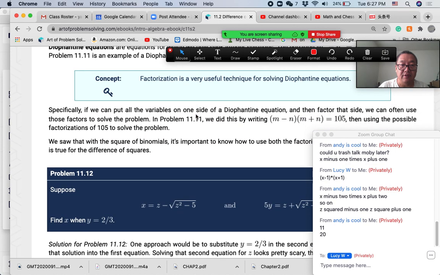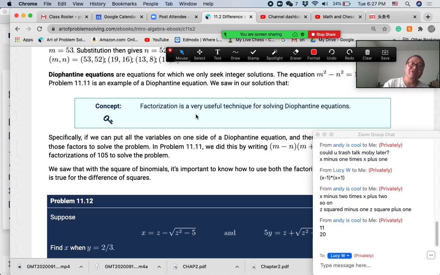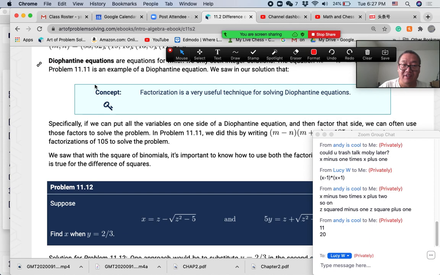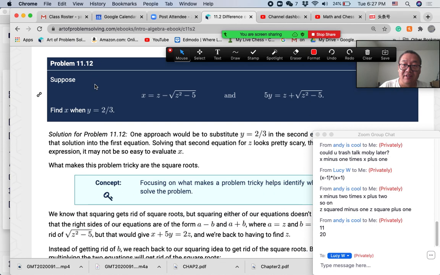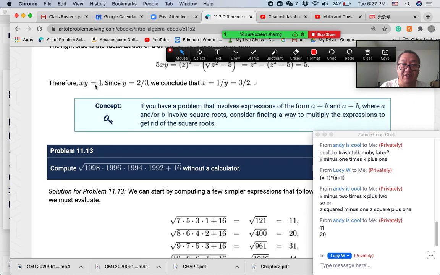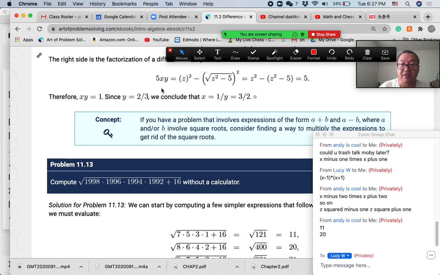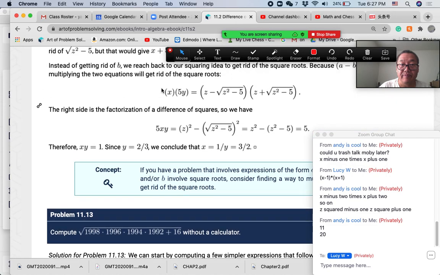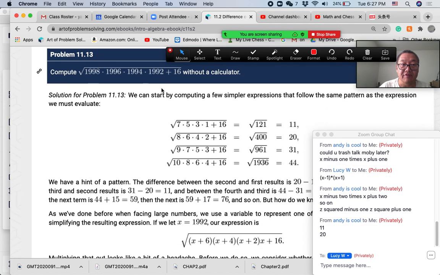Now, this kind of equation is called Diophantine equations. This is a very famous branch in number theory. Okay, it's very interesting. And now let's see this problem. Yeah, we got x equals 3 over 2, y equals 2 over 3. Then we did not solve z.